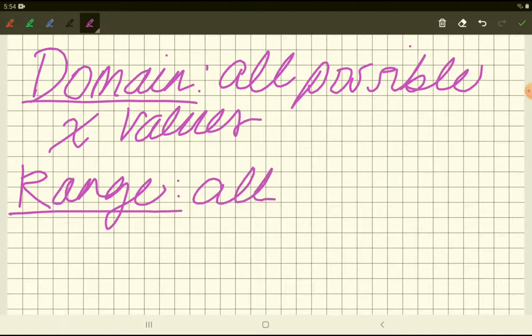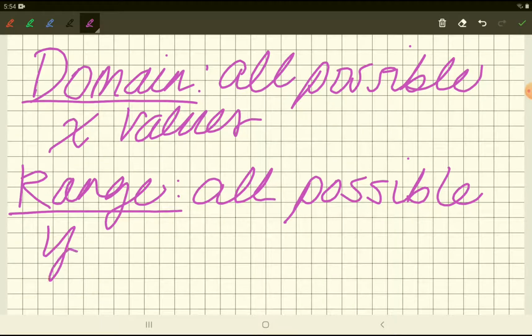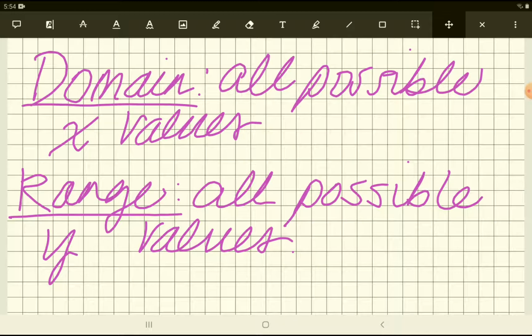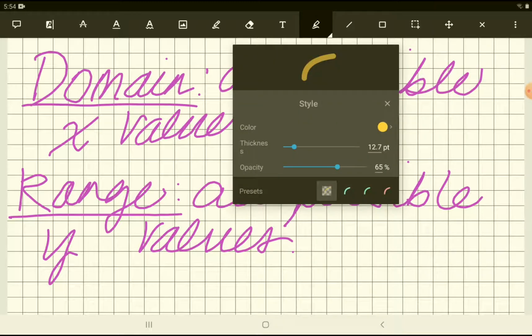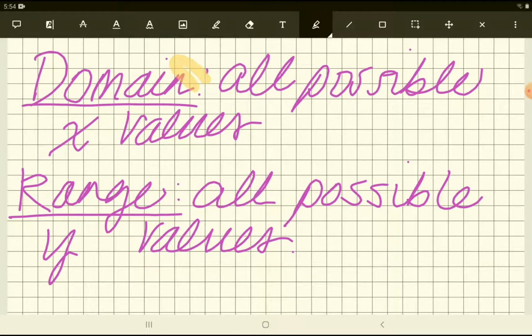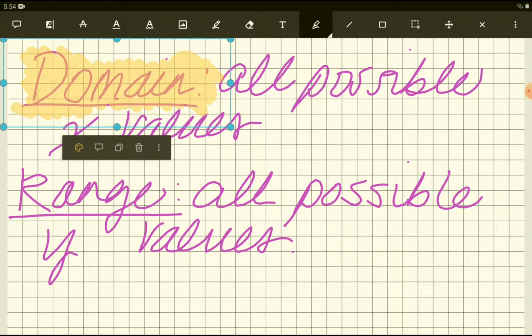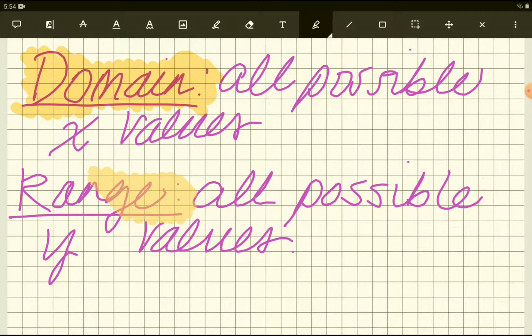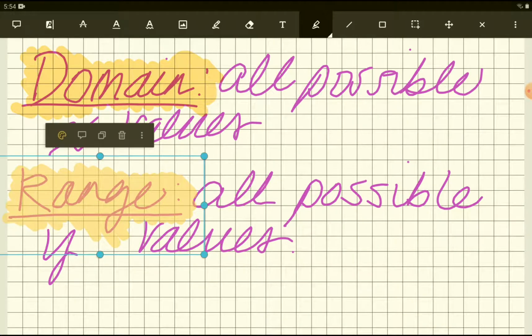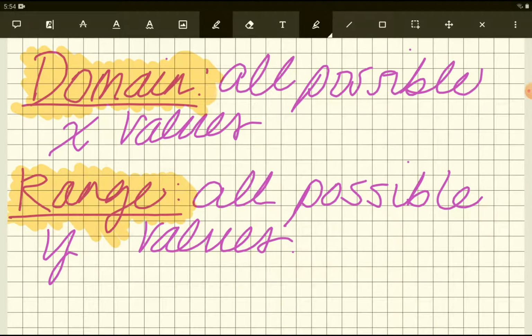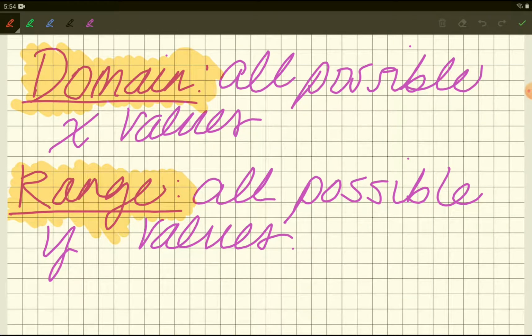Range: all possible y values. Domain, range.